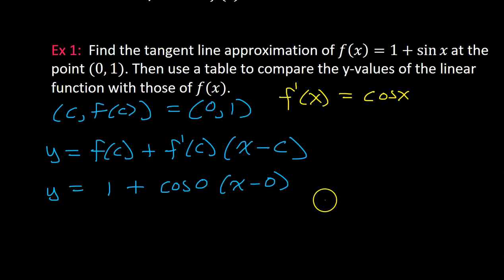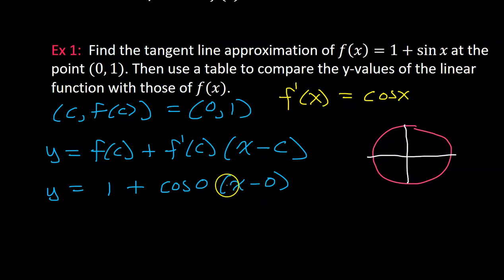So let's simplify this. Cosine of 0, of course, you should be able to automatically know what that is. But just in case you're feeling sleepy or something, remember that cosine is the x value on the unit circle. So the cosine of 0 is 1. That's the x value at 0.